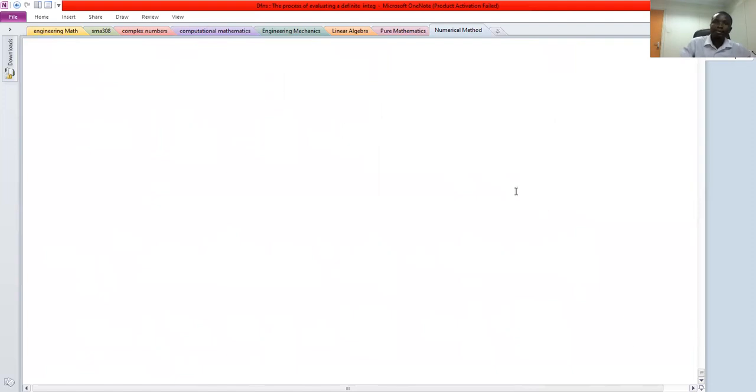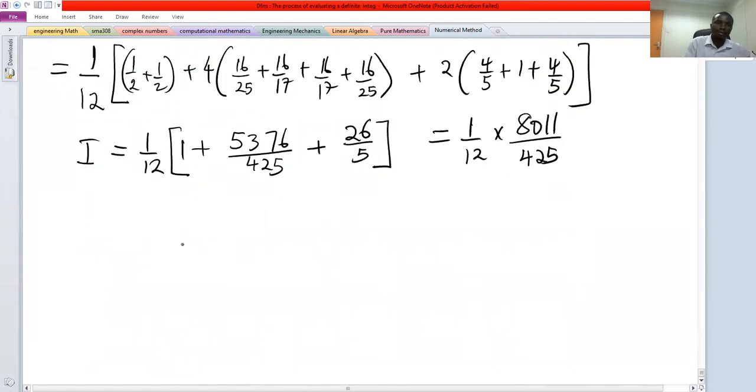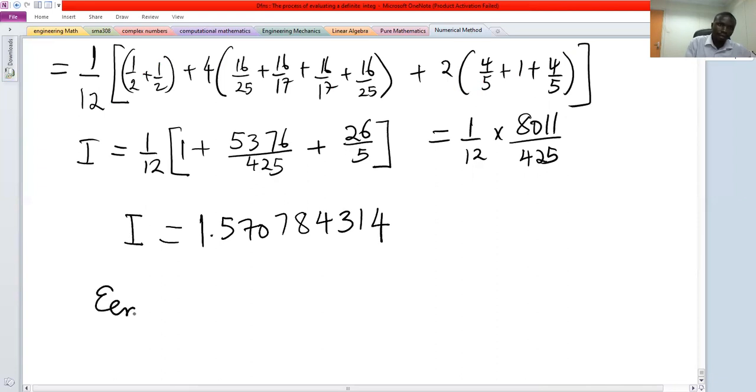And then when you work out that one, you get 1.570784314. Error, let's call it E3, is the absolute value of the exact value, which is half pi, minus this approximation.